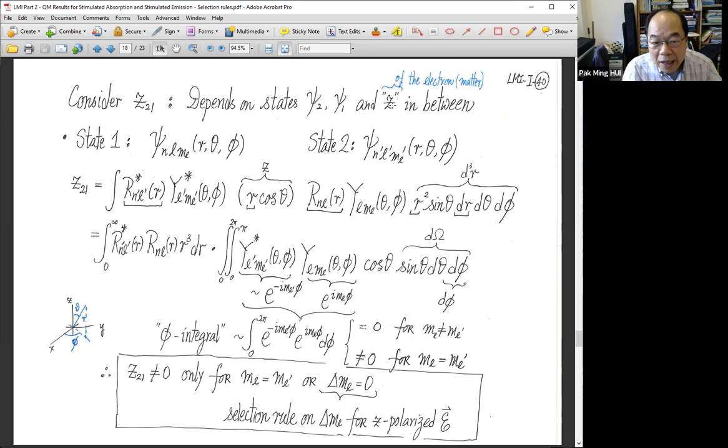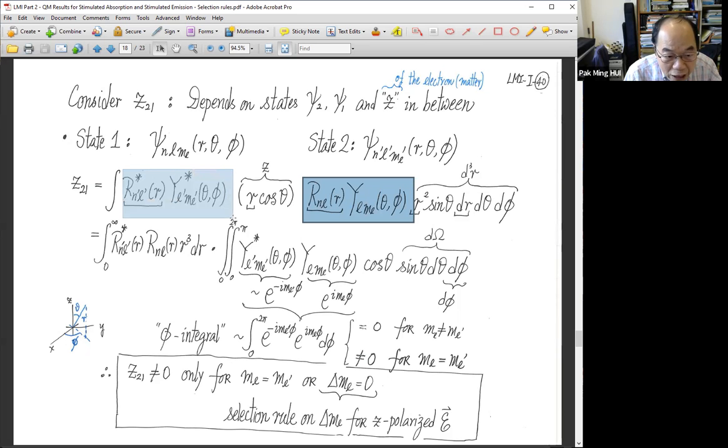So let's consider this Z and the 2 atomic states. Think about hydrogen or any central potential. So you have this n, l, m_l, a radial and theta-phi part. This is state number 1. This is state number 2, in general with all the quantum numbers primed.